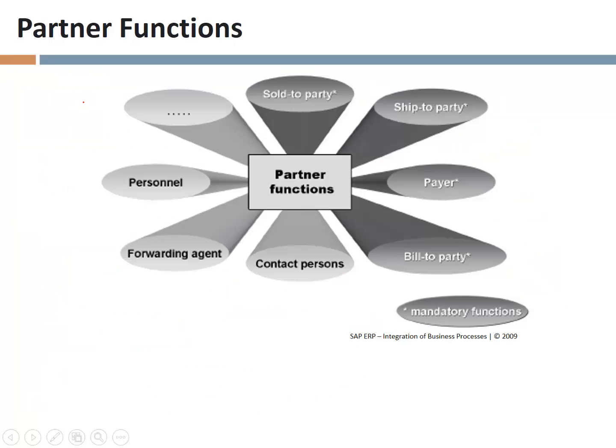Partner functions, we talked about before in the context of our vendors. It comes up here again, and it's worth spending a little bit more time talking about. What partner functions particularly do for us is allow us to recognize that thinking in terms of a company having just one physical place of operation and having just one address is really not reflective of the complexity of reality here.